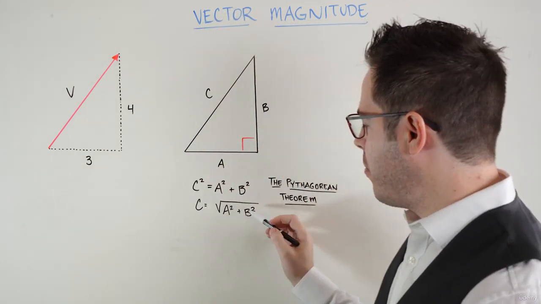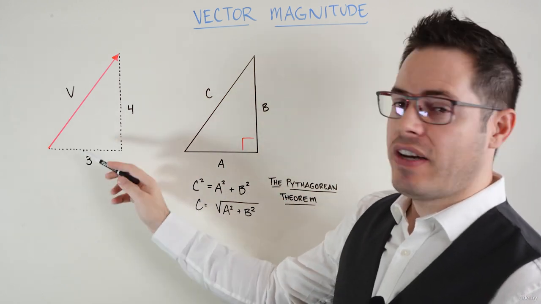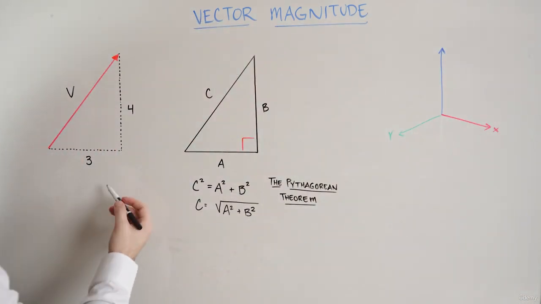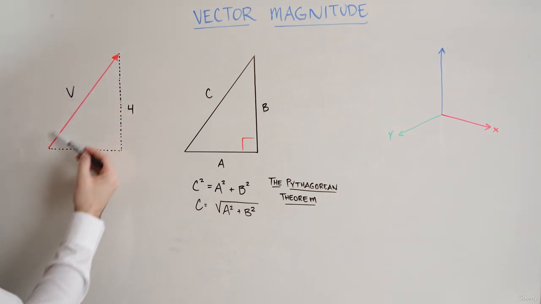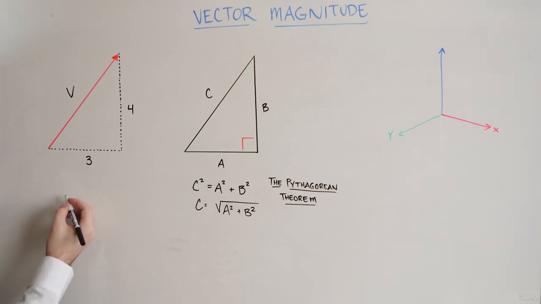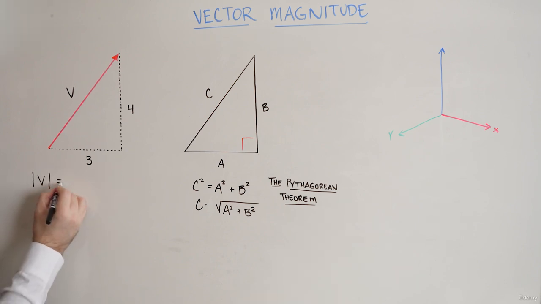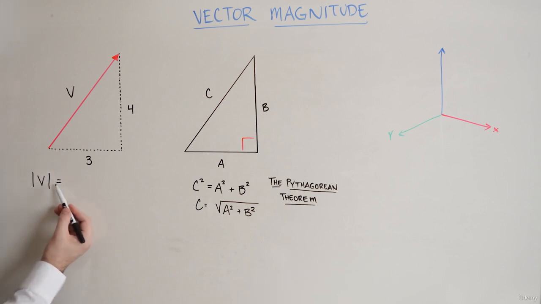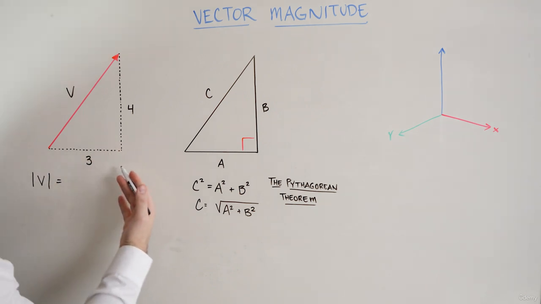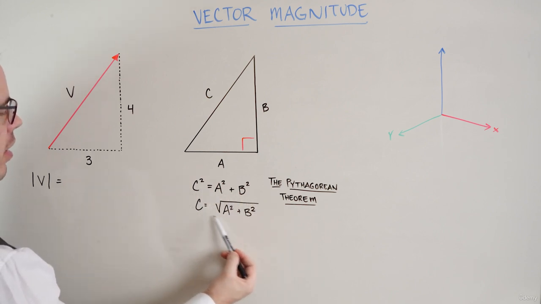So using this formula, which is derived from the Pythagorean theorem, we can calculate the length of vector v for this vector. We know x, we know y, we just want that hypotenuse of the right triangle formed by vector v. Now, if we have a vector v, we can place v inside of two vertical lines, and this denotes magnitude. So this says the magnitude of vector v equals, and we need to calculate the length of the vector using our formula derived from the Pythagorean theorem.